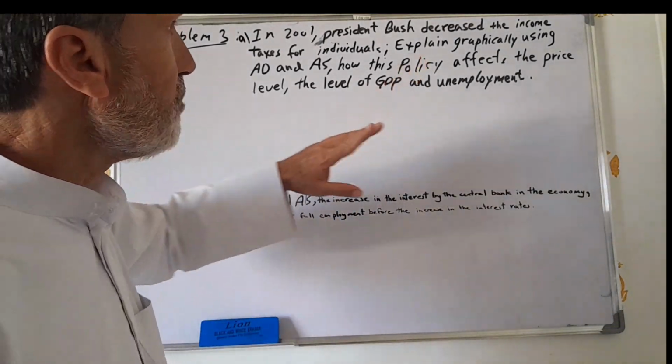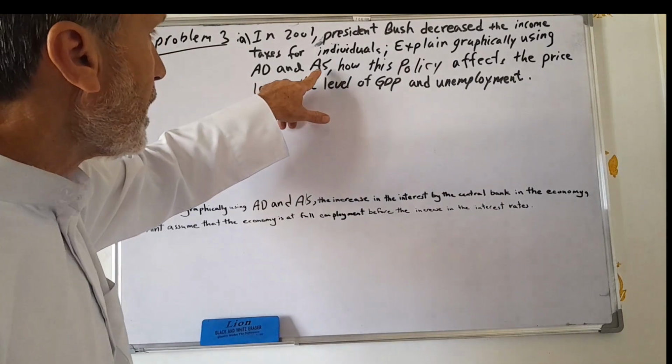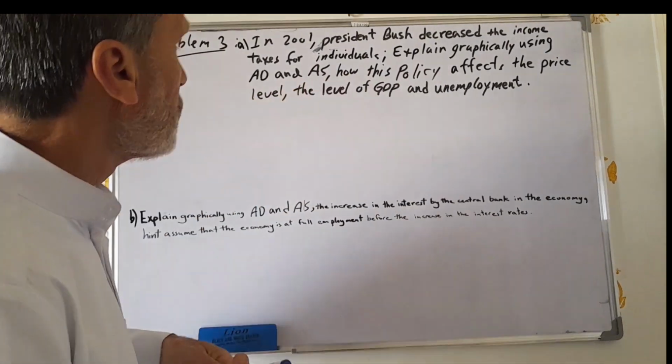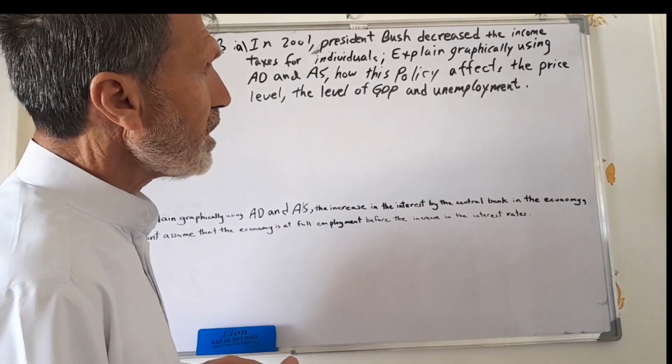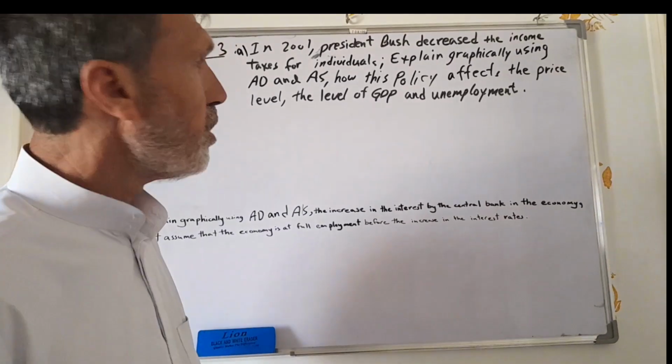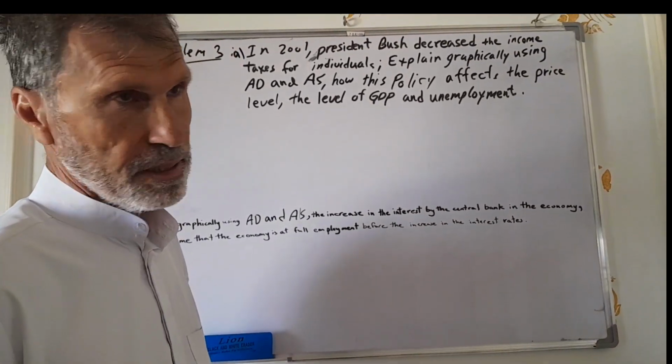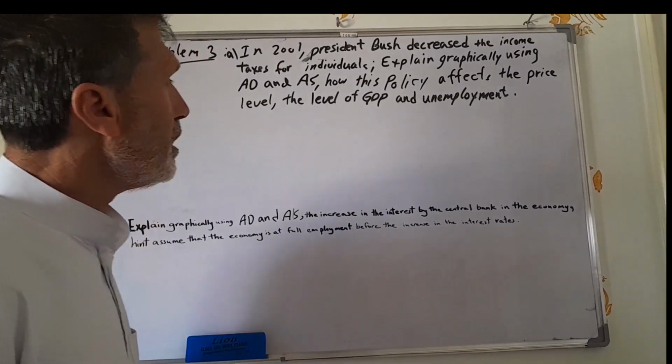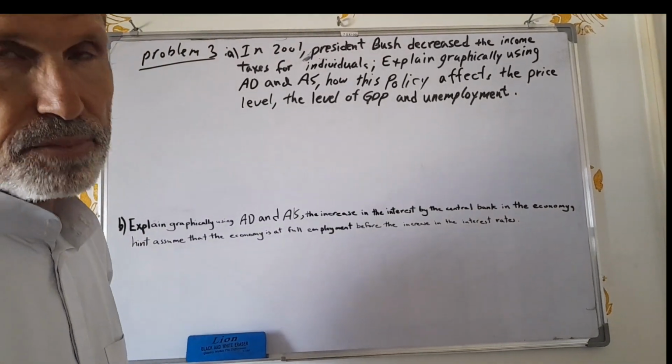So now, explaining graphically using aggregate demand and aggregate supply how this policy affects the price level, the level of GDP and unemployment. First of all, let's focus on the income taxes.